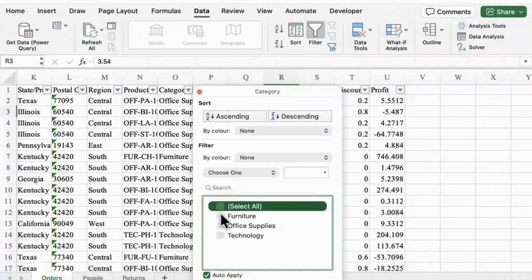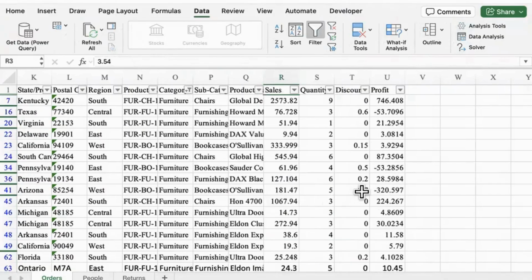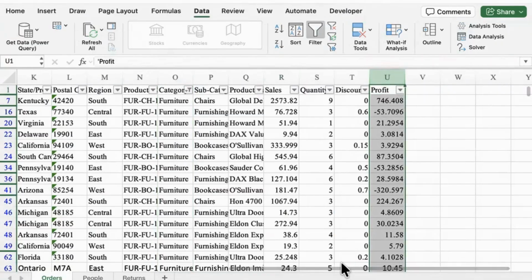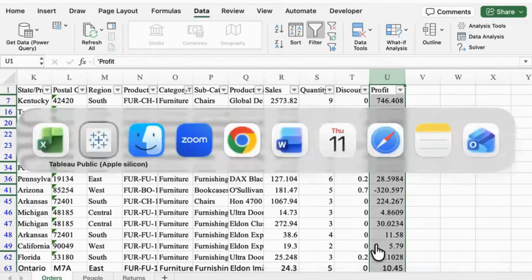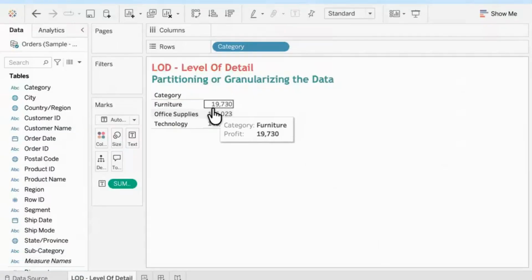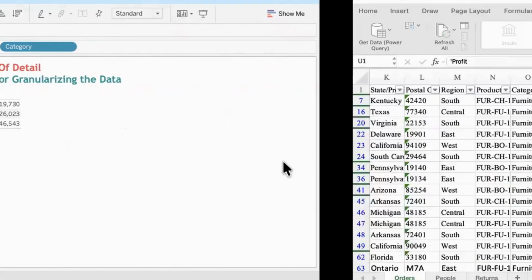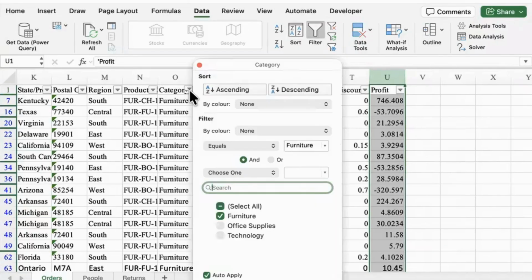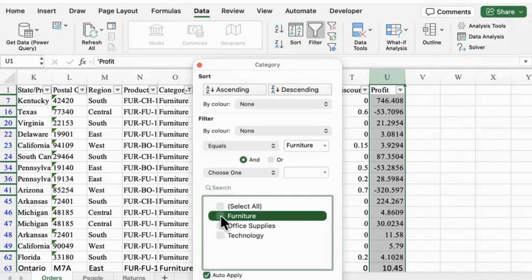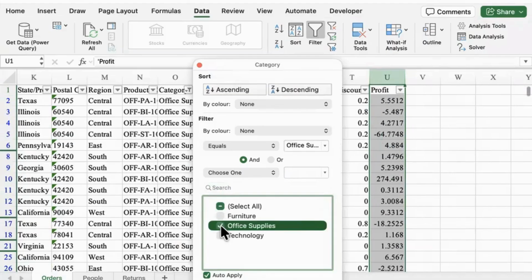If we break it down and focus only on furniture, if I'm focusing on data corresponding to furniture alone, the profit is 19,729.9. You can see it at the bottom down here, 19,729.9 rounded off to 19,720. So that is one portion, one small granule of the entire data.